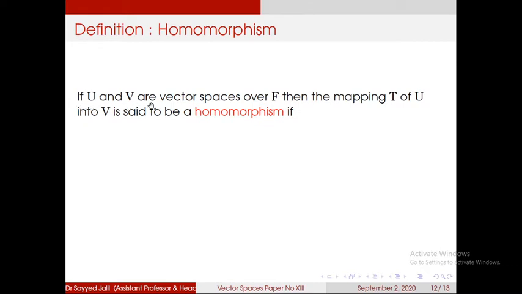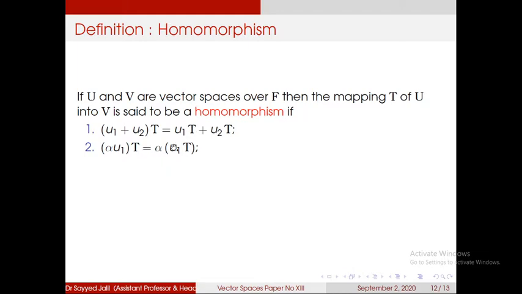If U and V are vector spaces over F, then the mapping T of U into V is said to be a homomorphism if, first, image of U1 plus U2 is the same as image of U1 plus image of U2, and image of alpha times U1, alpha being a scalar, is equal to alpha times image of U1.